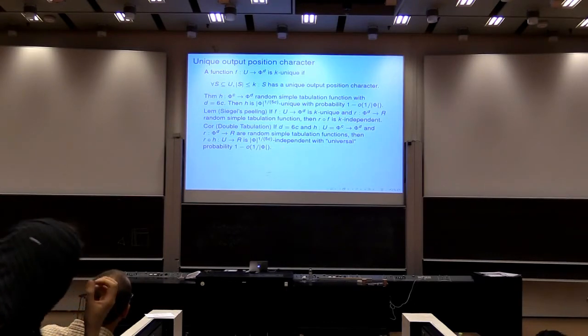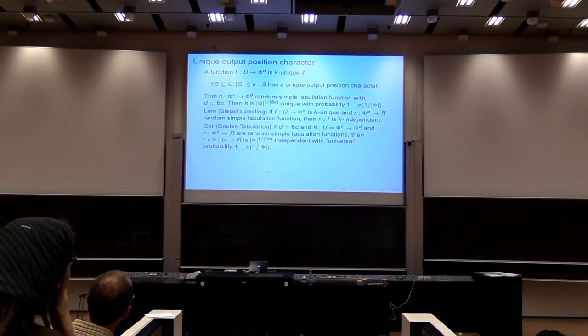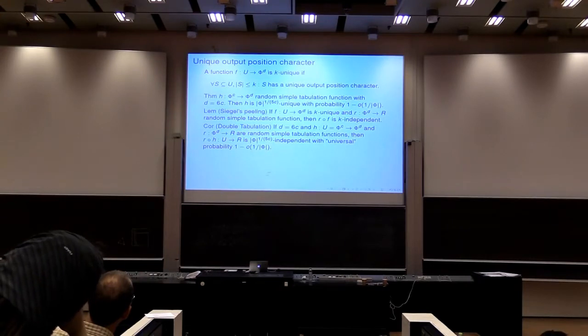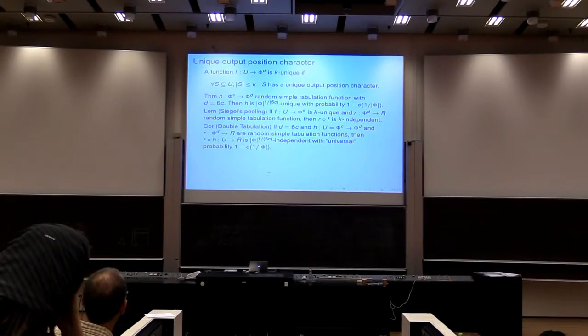So the corollary is double tabulation, which first takes my c keys and maps into c characters, and maps into d characters, and then another simple tabulation function taking d characters into the domain of hash values. Then the composition is independent with some universal probability 1 minus little o of 1 over u. Okay.